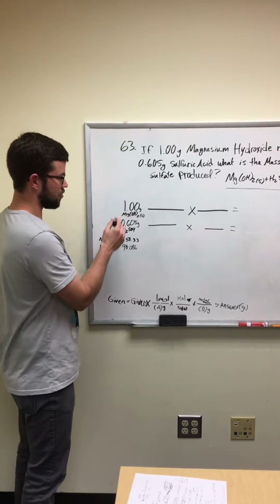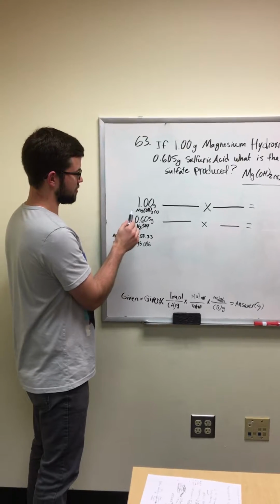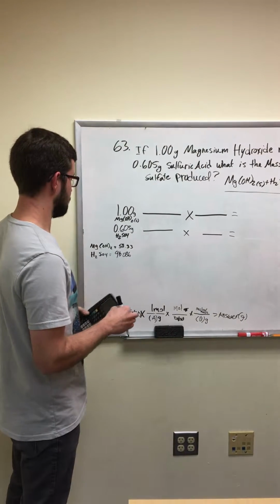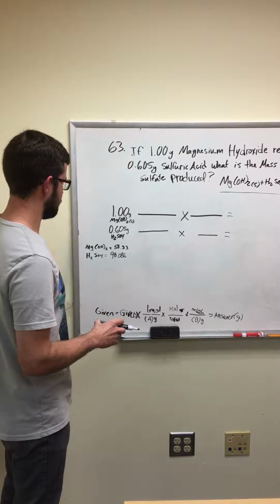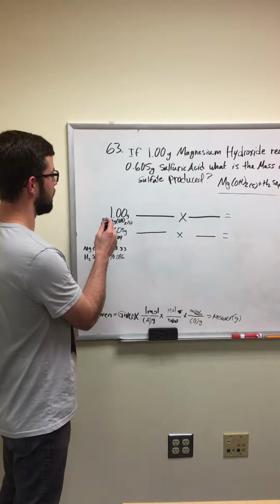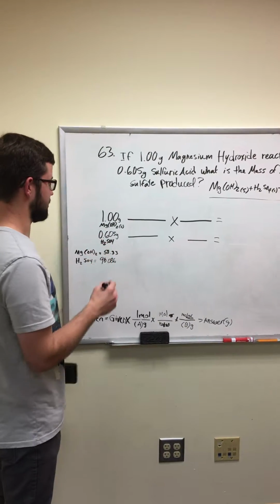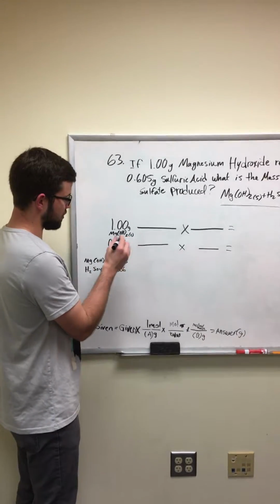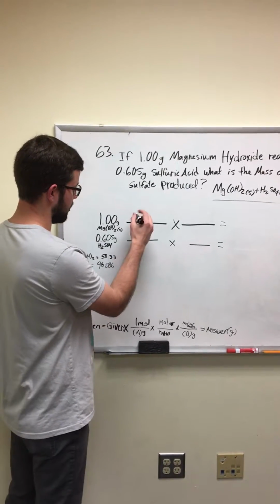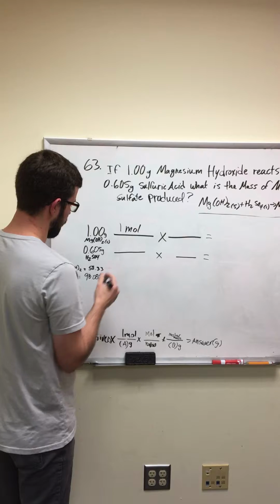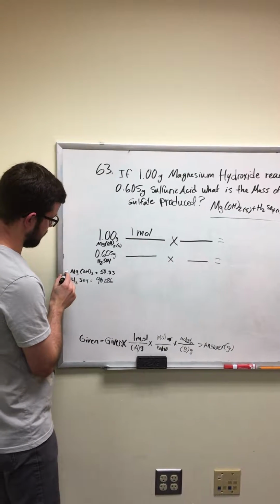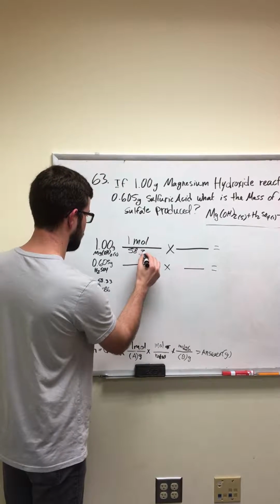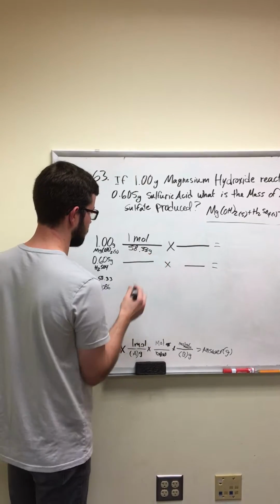So we're going to start with two equations, one for the magnesium hydroxide and one for the sulfuric acid. So with this first equation, we want to get the molar ratio, which is 1 mole over, we have the molar mass here, which is 58.33 grams.